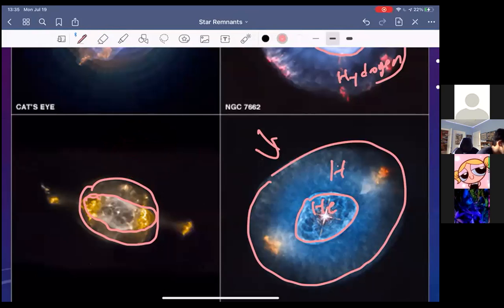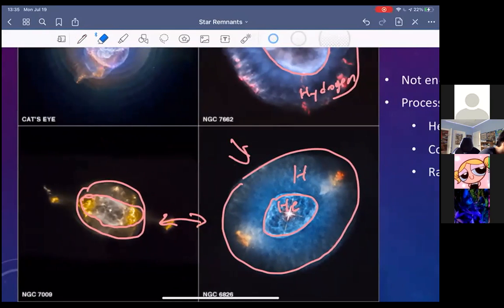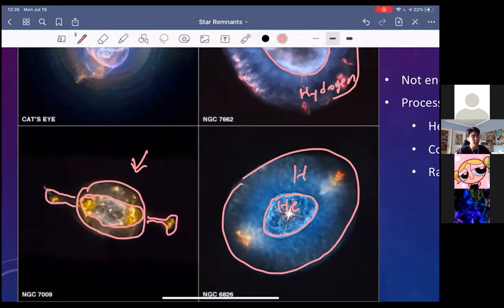So if we compare these two nebulas, we can tell a lot about the star. We can tell that this star was a lot more active than the other one because of how chaotic it is. You also see these strands, like pillars, coming out from the star, and that indicates that there's a really strong magnetic field at its poles.